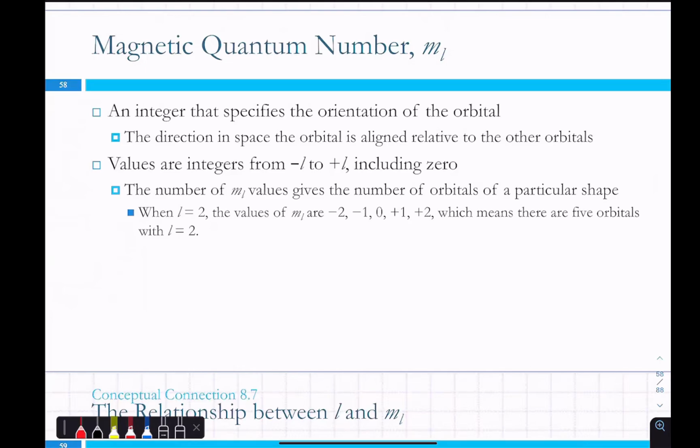So what does that mean? It's all the integers. So if L equals 2, then you can have negative 2, negative 1, 0, positive 1, positive 2. If L equals 3, then what would my possible M sub L be? Negative 3, negative 2, negative 1, 0, 1, 2, 3.